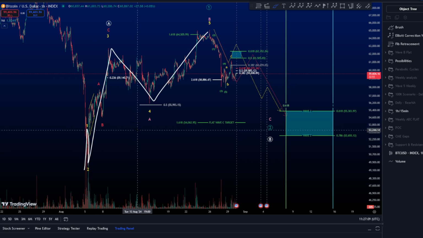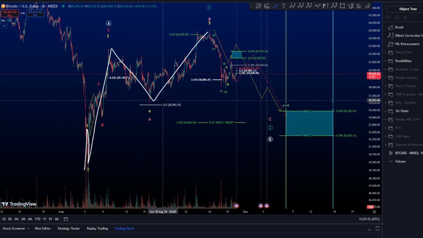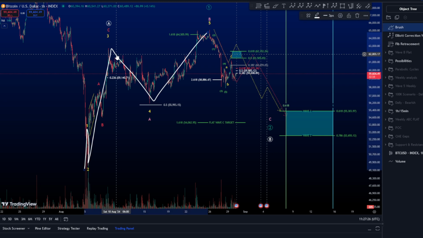I agree with that, but please don't forget that this is not an invalidation. The fibs are still very respected, and it looks like an impulse, not really great, but still respecting the rules of Elliott Wave for an impulse.